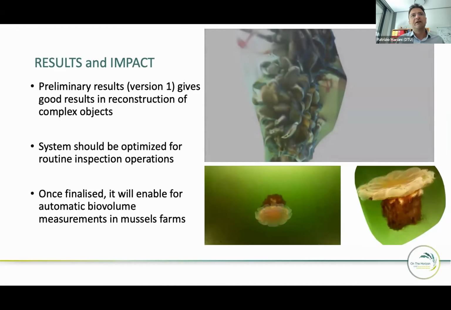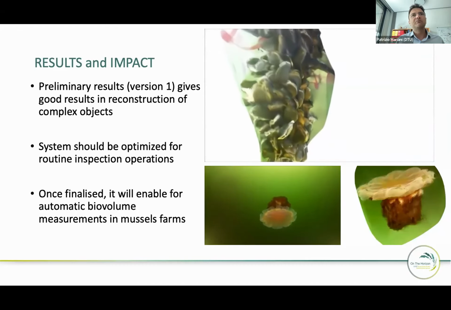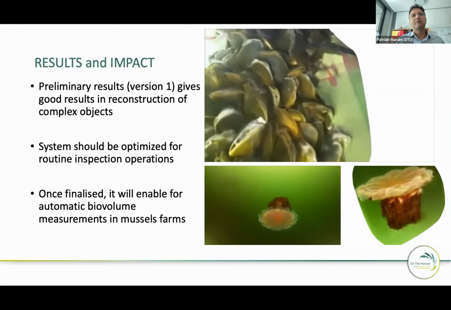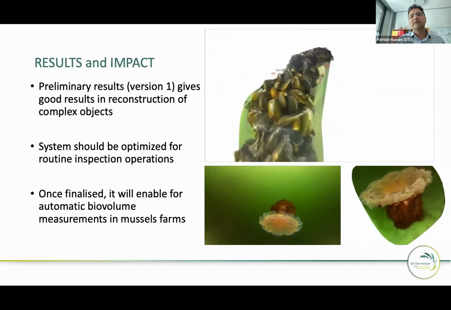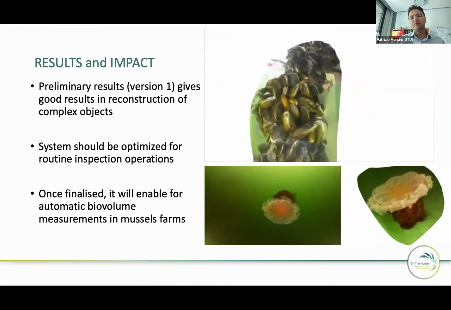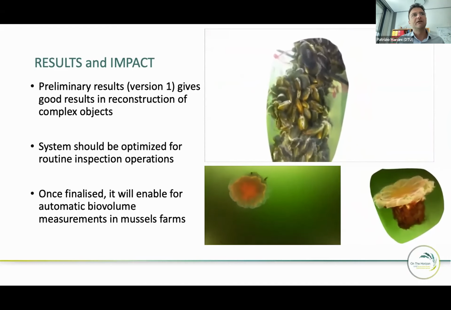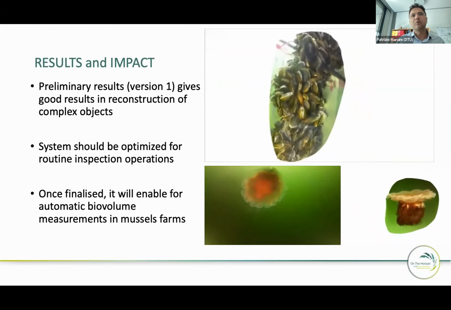It's not only possible for mussels, but for other types of creatures. Here is a jellyfish example. So the technology seems to be able, in this first version, to do what we aim for, which is basically to have biovolume measurements in mussel farms.